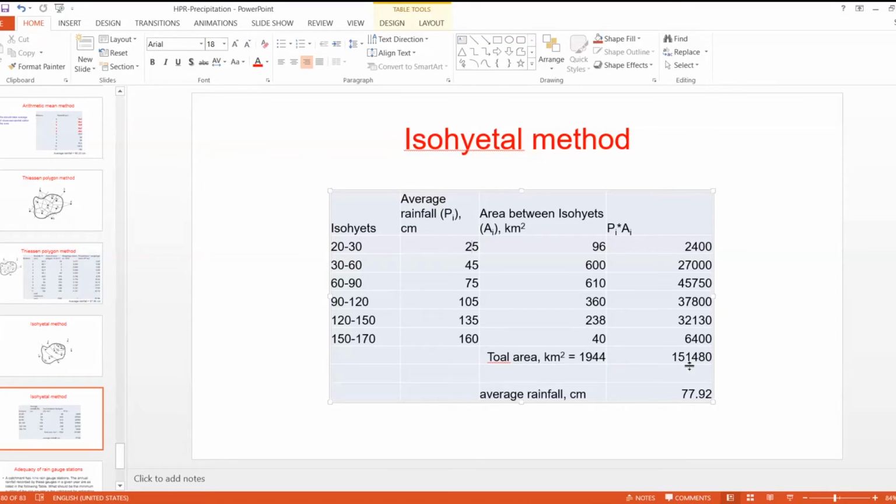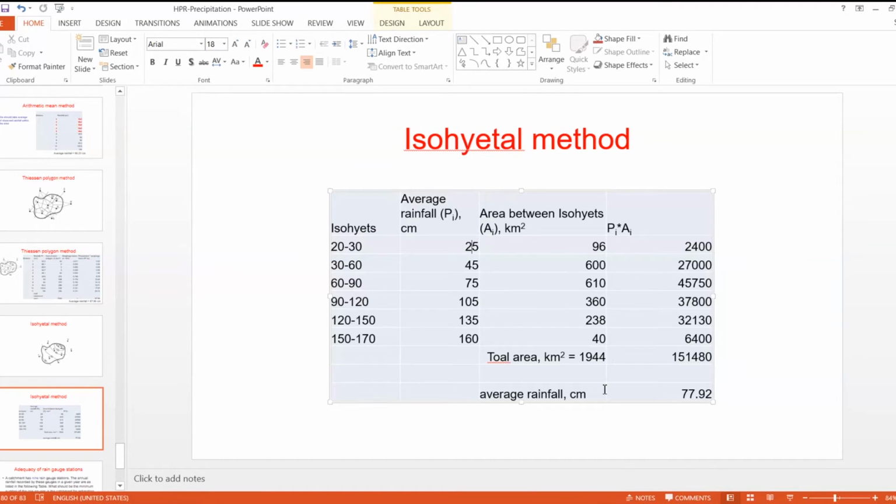That is given as 1,51,480 kilometer square centimeter, divided by the total area. The total area is 1944 kilometer square. Then the average rainfall is given as 77.92. So these are the three methods, and the easiest method is the arithmetic mean method.